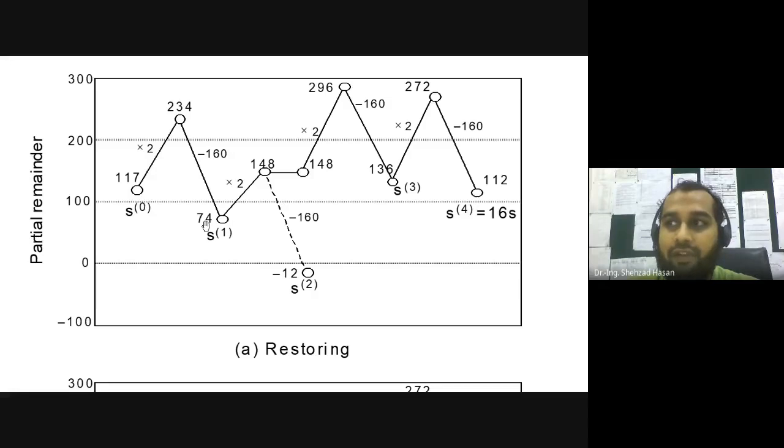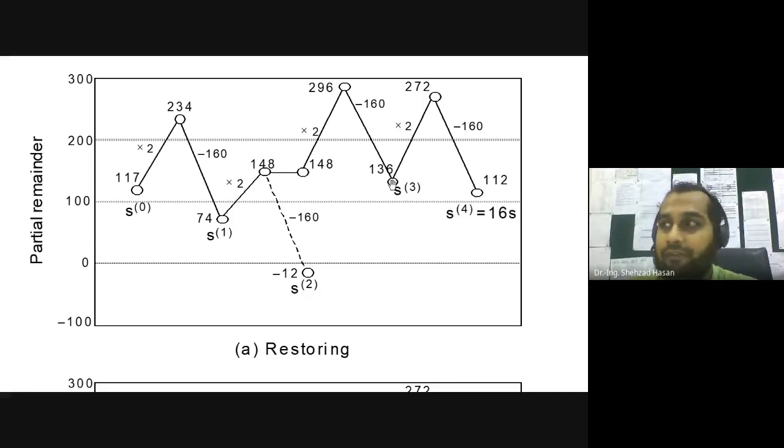Do the same thing: shift left, so 74 becomes 148, and do the trial subtraction, 148 minus 160. Now you get a negative result, which is minus 12. So in a restoring division algorithm, if you get minus 12 over here, you restore it back to its original value. So it becomes 148 again, and you continue from this point in the next step. Shifted left, 148 becomes 296. Trial subtraction, 296 minus 160, gives a positive result, 136.